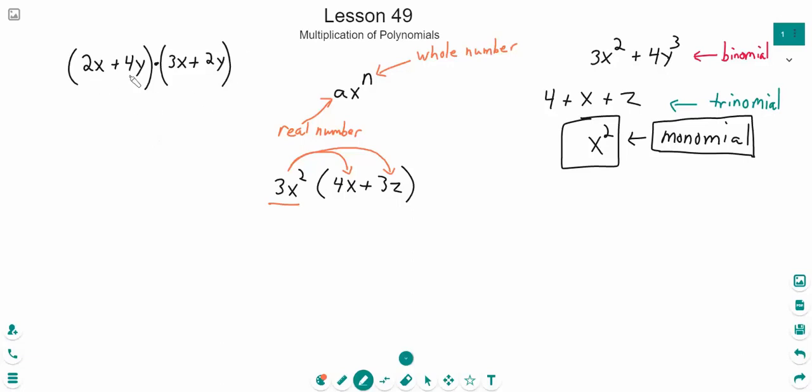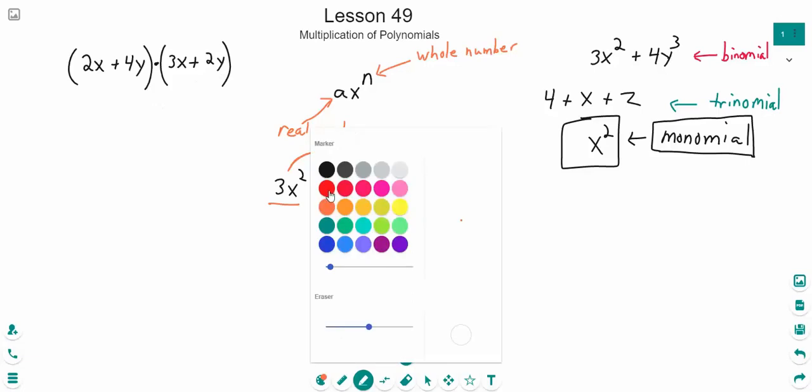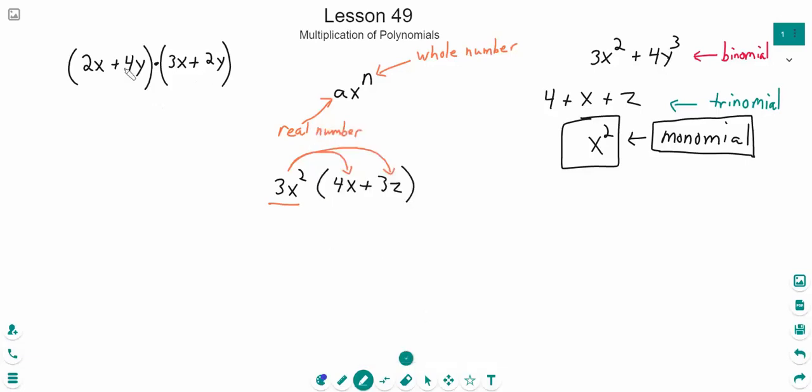The idea is we need to take each of the terms in this first binomial and multiply it by every term in the second binomial. So let me try to clarify that maybe with some arrows here. We would need to take this 2x and multiply it by the 3x, and then multiply it again by the 2y and add those two together.